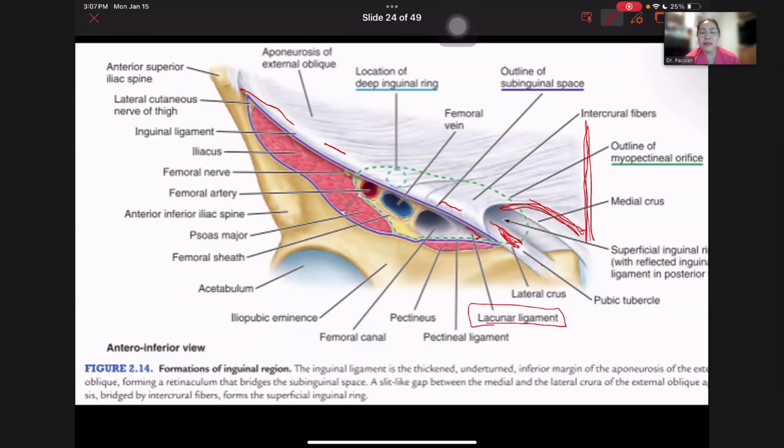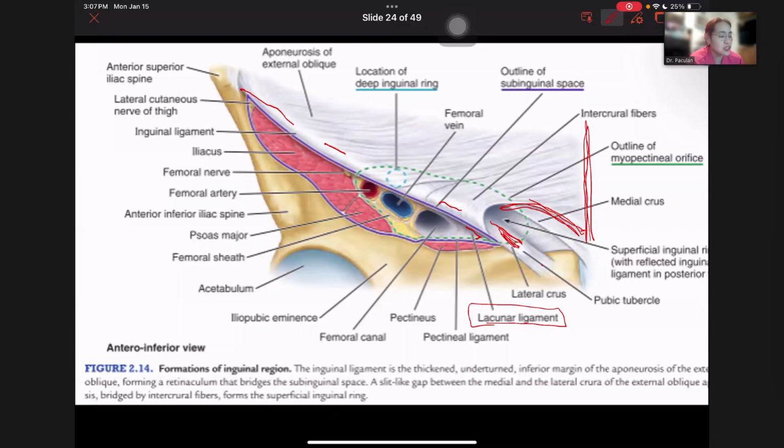Now, one more thing. The inguinal ligament and the iliopubic tract span an innate weakness, right? This is because of the natural holes, the structures that bypass this region.